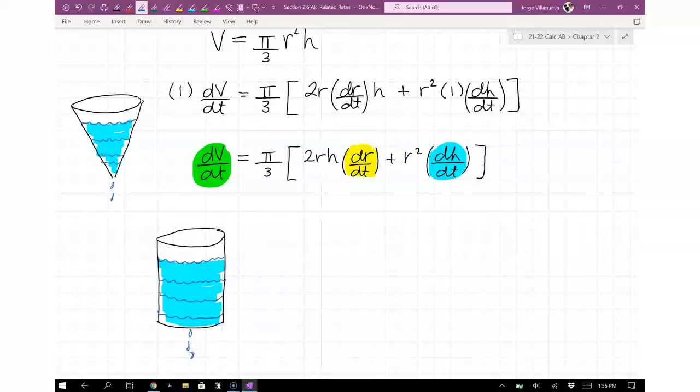Or maybe we have a parabola with a focus, and they say this point right here is moving along the curve. How fast is it approaching that point as it moves along the curve? So that's going to be distance, so you're trying to find the rate of change of the distance.